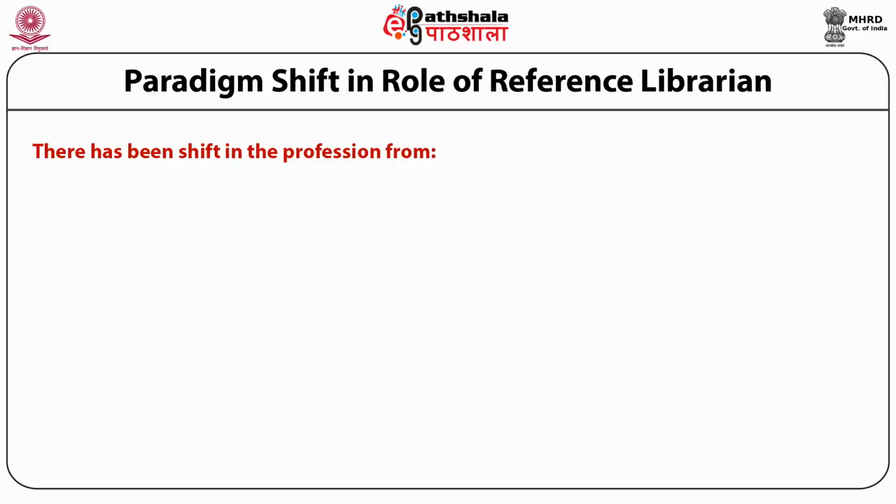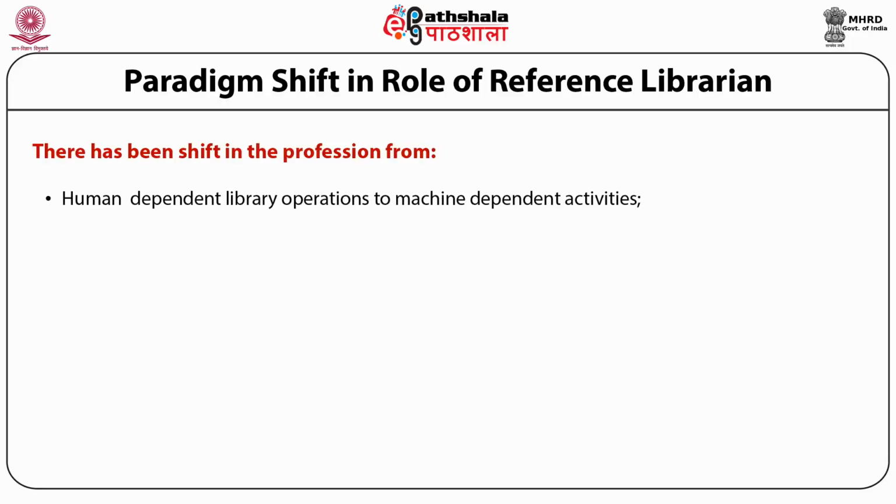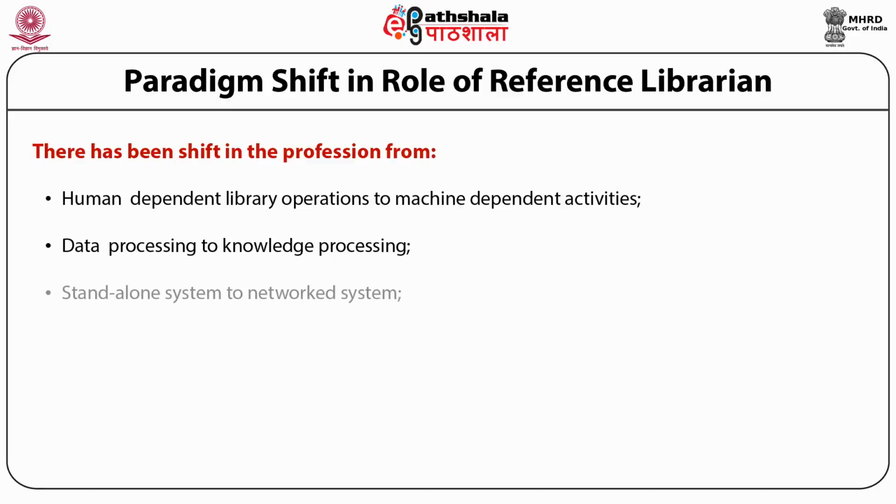We do find now that human-dependent library operations are shifting to machine-dependent activities. There has been a shift from data processing to knowledge processing. The paradigm shift from standalone system to networked system.